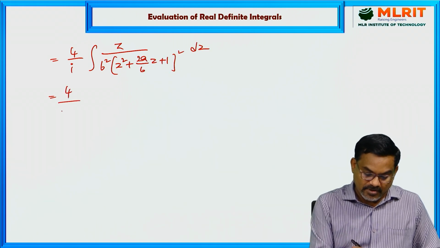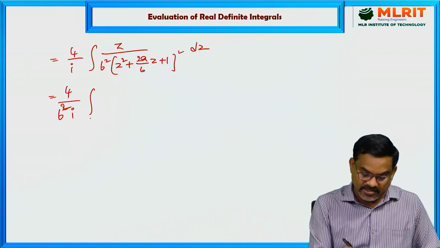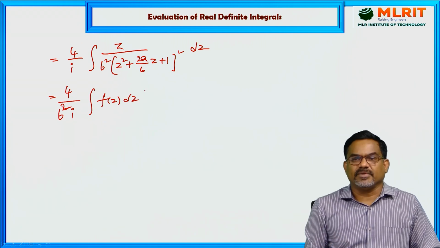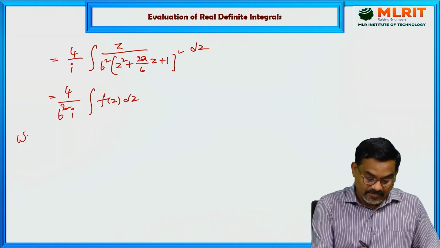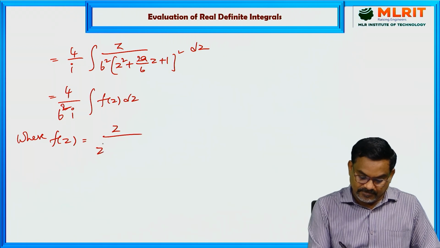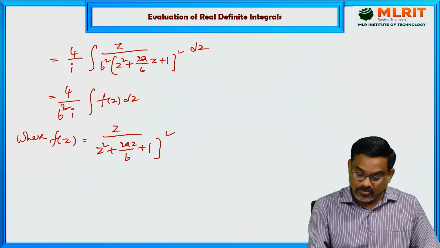So 4 by b square i times the integral of f of z dz, where f of z is z by (z square plus 2a z by b plus 1) whole square.